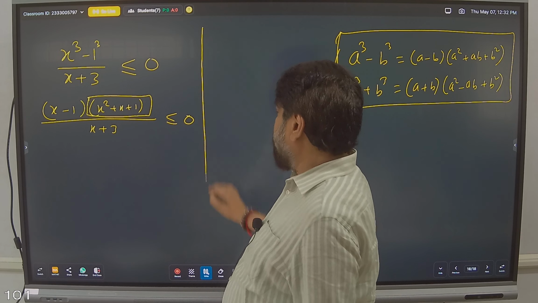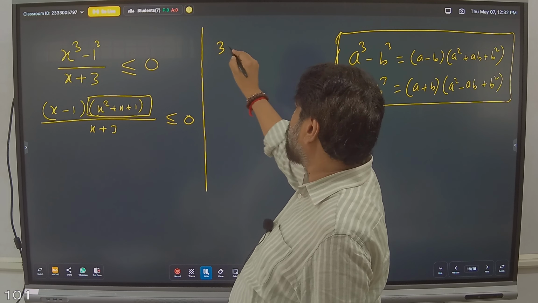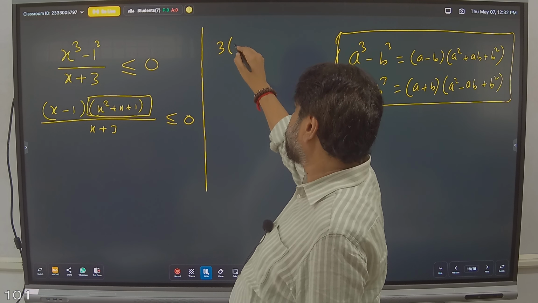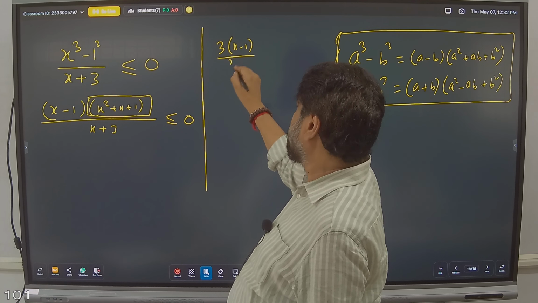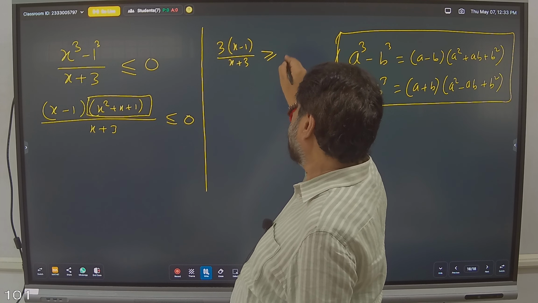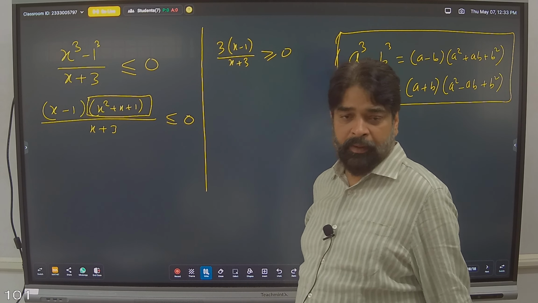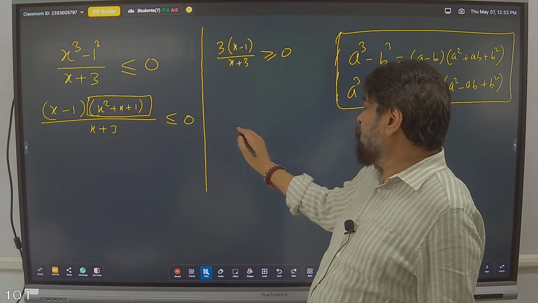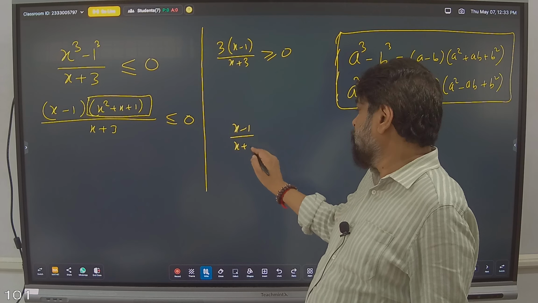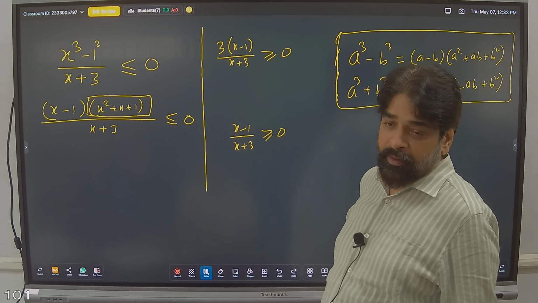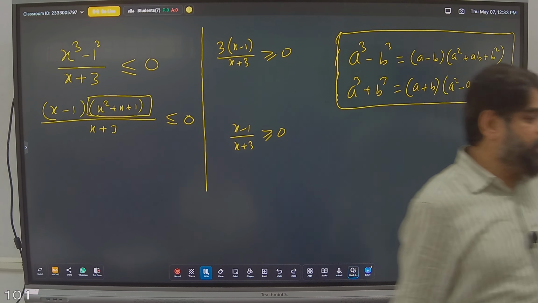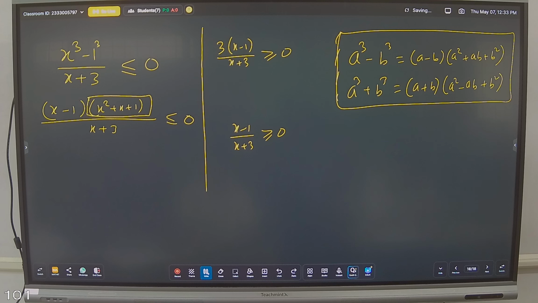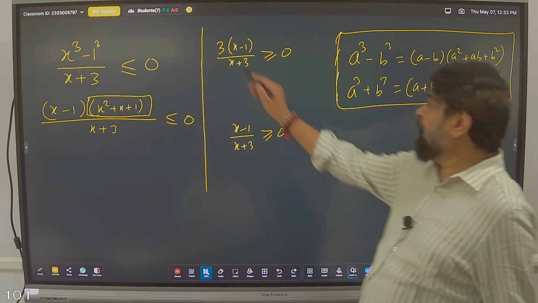Let me show you something. Suppose I want to solve this question. Correct? And again I ask you, solve this question. Are these two the same question or different questions? Same question, but here can we throw the 3 to the other side?